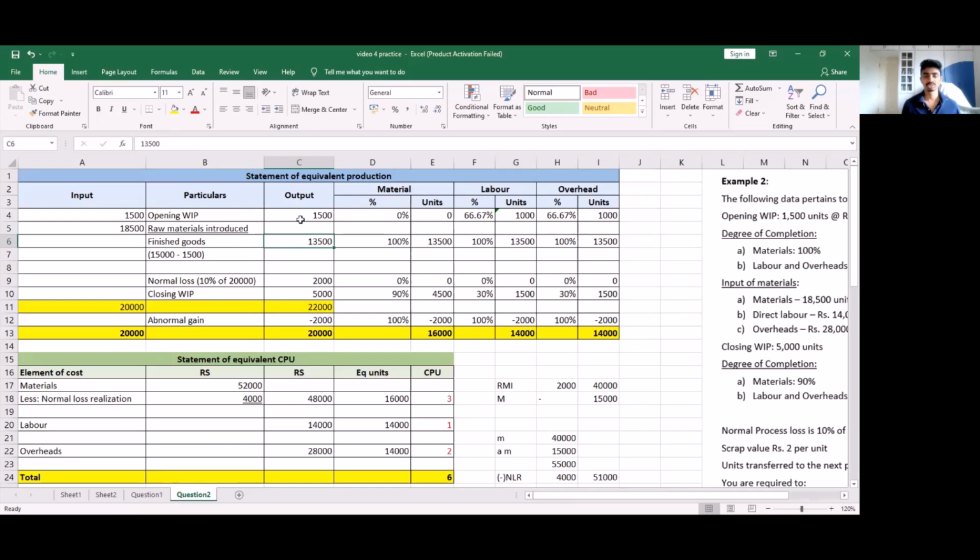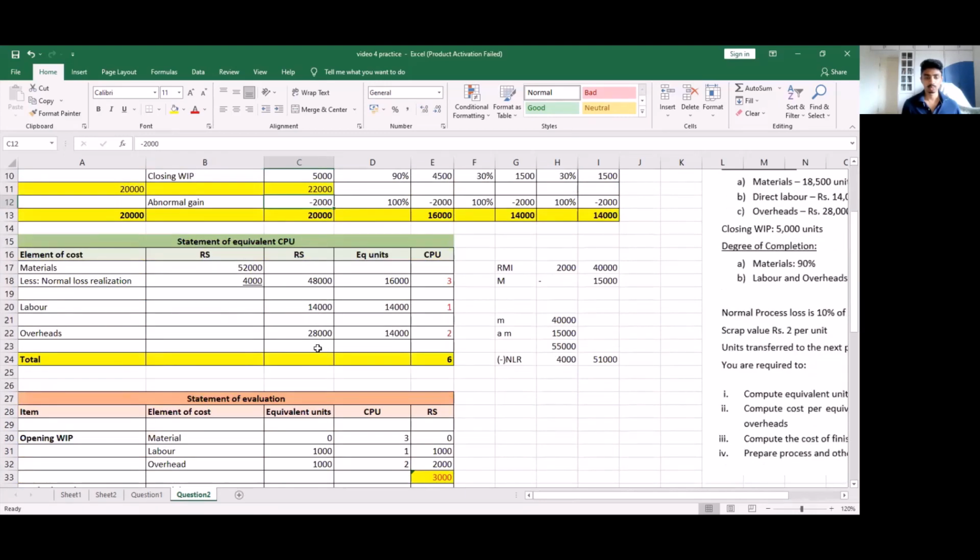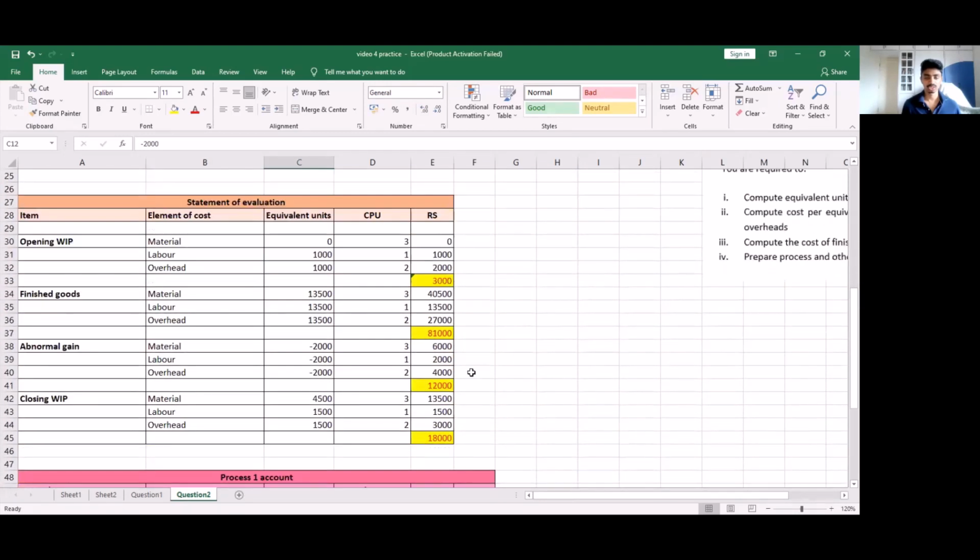And in our finished goods, in our statement of equivalent production, we wrote 15,000 minus 1,500, which is 13,500. Another difference was our abnormal gain. We took a negative figure on the output side, but while coming to calculate our costs for abnormal gain, we took positive values because expenditure on making abnormal goods or any goods cannot be negative.